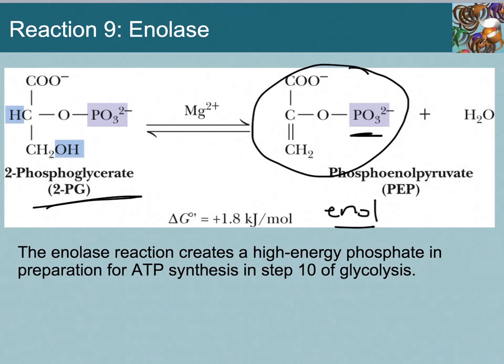So here you just have a phosphate ester of an ordinary alcohol. If you remember, there was just an OH here. Now we have a phosphate ester of an enol, and this is much less stable, so therefore it will transfer this phosphate group.